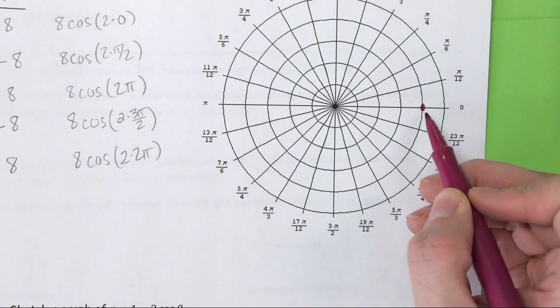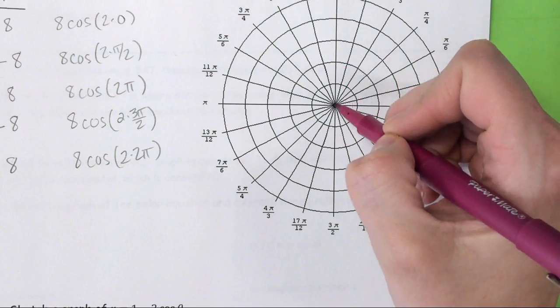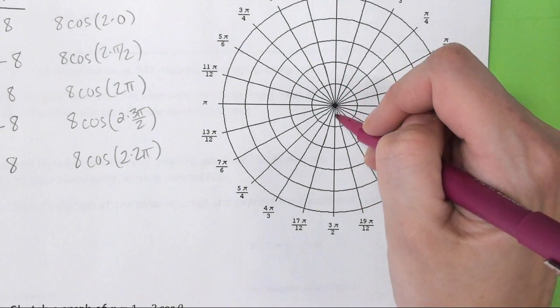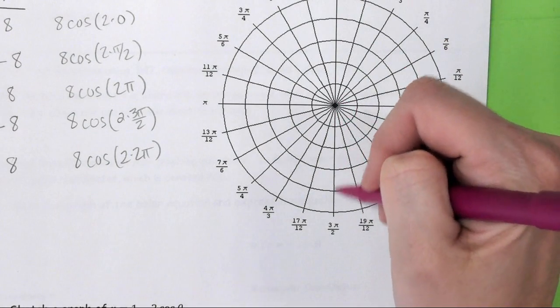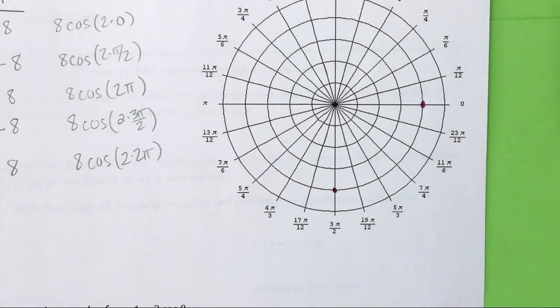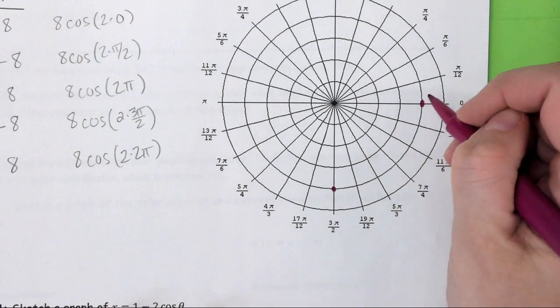So, any trouble graphing the first point? Okay, so my next one, if it's pi over 2, negative 8, instead of going towards pi over 2, I really have to go away from it, so 3 pi over 2, so 2, 4, 6, 8 here. You are going to graph these in order, and so we are going to swirl from this point to this, okay?